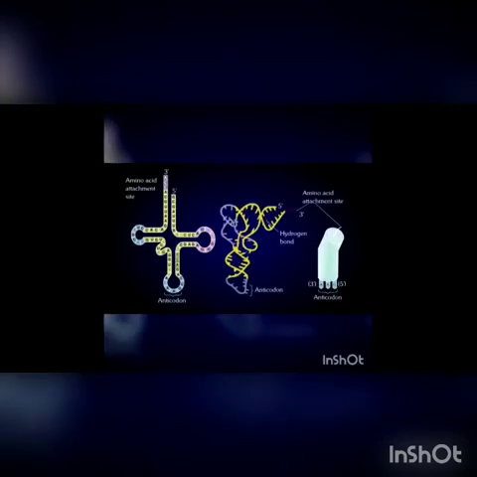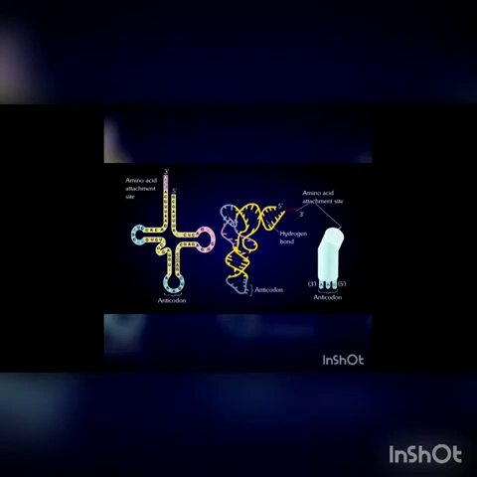The tRNA molecules are made up of 73 to 93 ribonucleotides. The acceptor arm carries an amino acid. The anticodon arm has 3 anticodon nucleotides which will be joined with the codon of mRNA during protein synthesis.